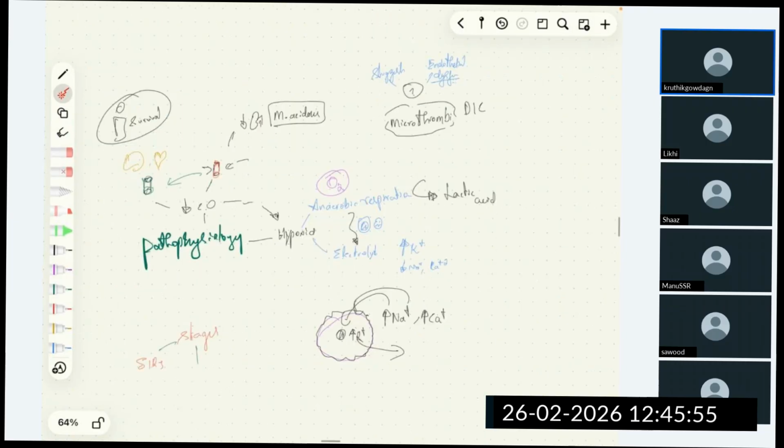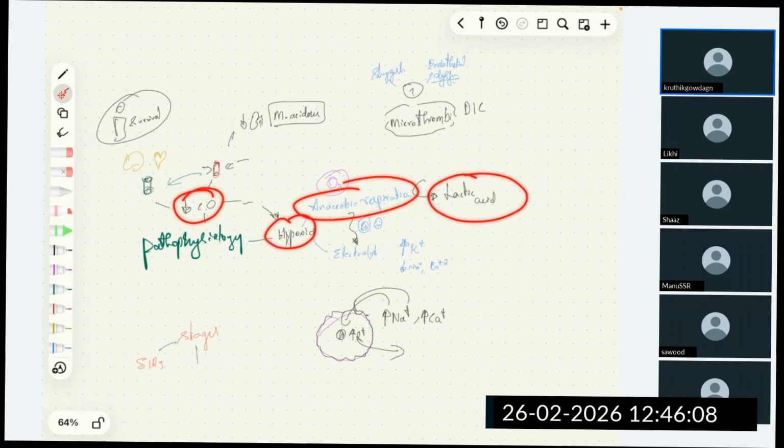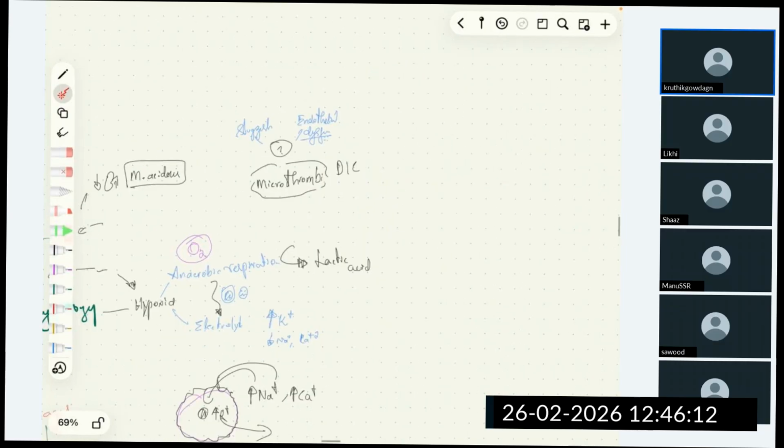So I discussed about reduced cardiac output leading on to metabolic acidosis by acute renal failure, and also reduced cardiac output leading on to hypoxia, anaerobic respiration, lactic acidosis, the electrolyte abnormality, and also when all these things are going on, because the circulation is sluggish and due to endothelial dysfunction, there may be microthrombi developing inside the blood vessels all over the body.